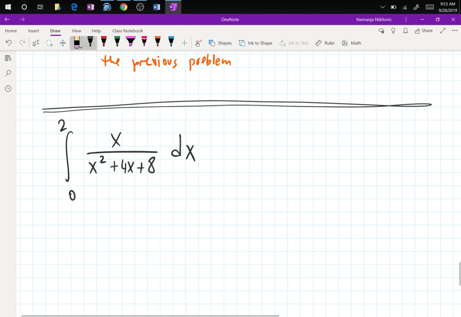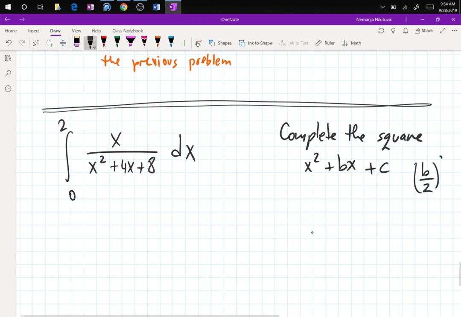Ready? Completing the square. Oh my god. Complete the square, another one from the ancient algebra, where you look at x squared plus bx plus c, and you use b over 2 squared to work out the problem.